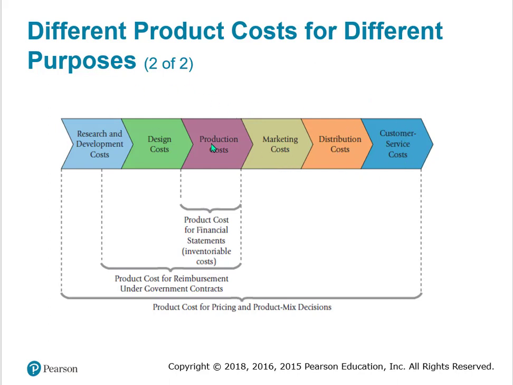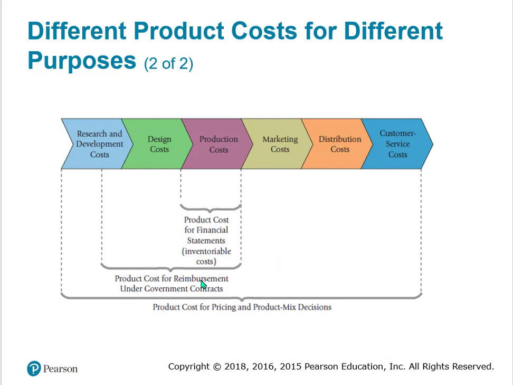The only time we use all of them is when we're making pricing and product mix decisions. To make a pricing decision and leave out customer service would be suicide. You'd be out of business. These are all costs you've got to have an idea of, to see what needs to be pared down to make a product saleable. So for pricing and product mix, we'll include all these costs.